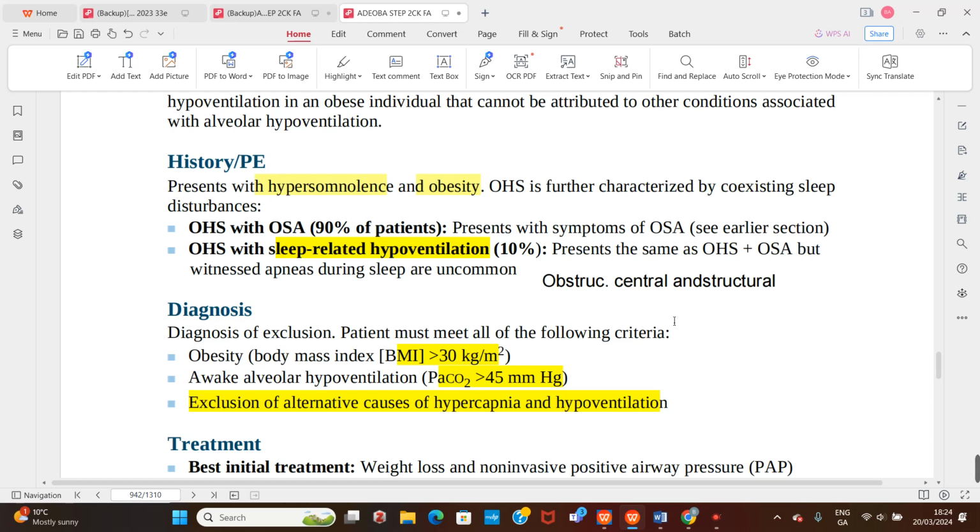It means that hypoventilation is now going to dampen the respiratory drive, such that even when they are awake, they will not be breathing well, because the respiratory drive is blunted due to excessive hypoventilation. Number one, from the structural problem that they experience. Number two, from the central problem.